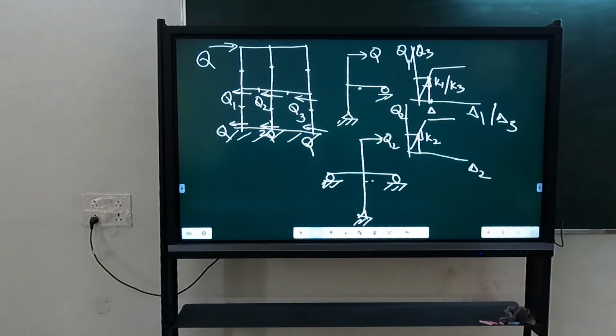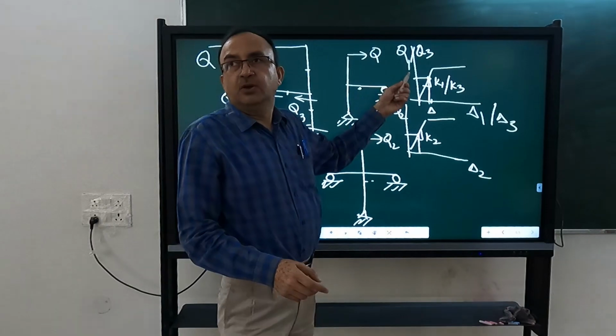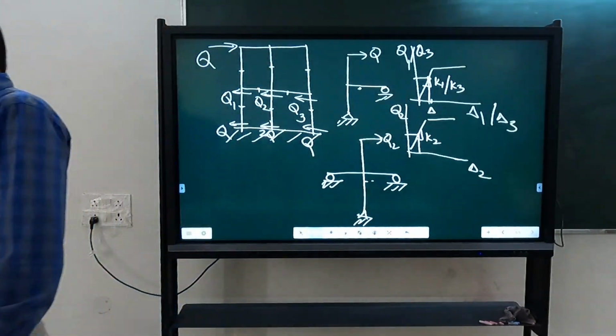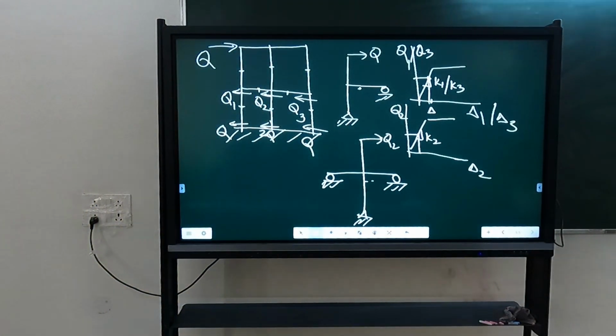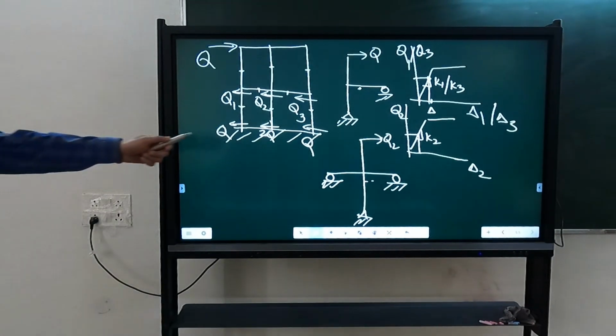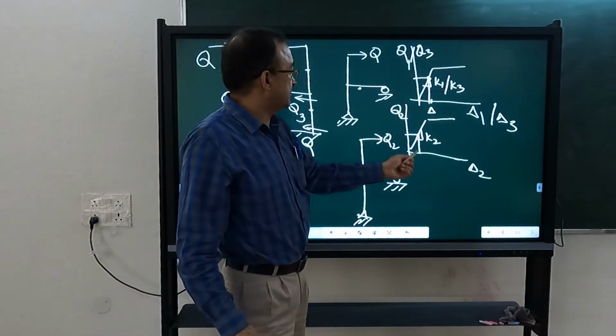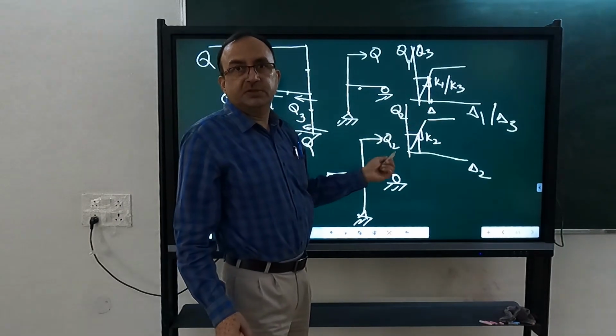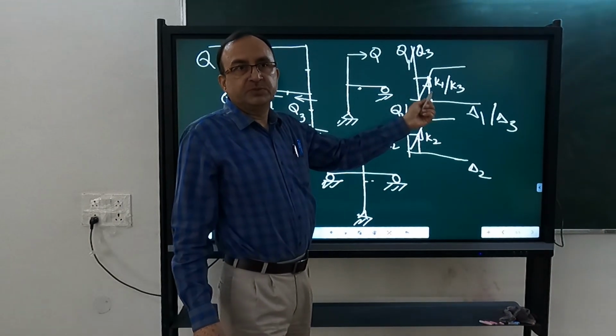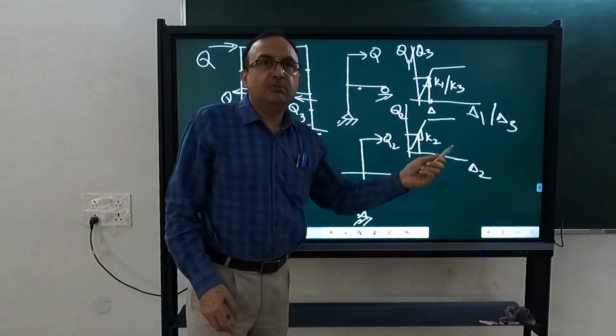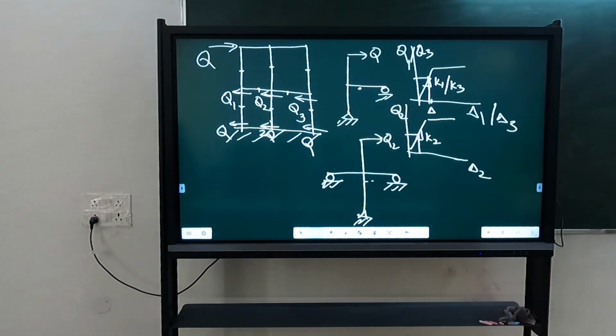The total force, either we are adding individual forces or the total force we are subdividing into individual forces in such a way that those are proportional to the stiffness, because delta is same. So these forces will be proportional to stiffness. So this parallel combination which we have done, you can think as if we have added the forces, or you can also think in the opposite way, that we have distributed the forces in proportion to the stiffness.